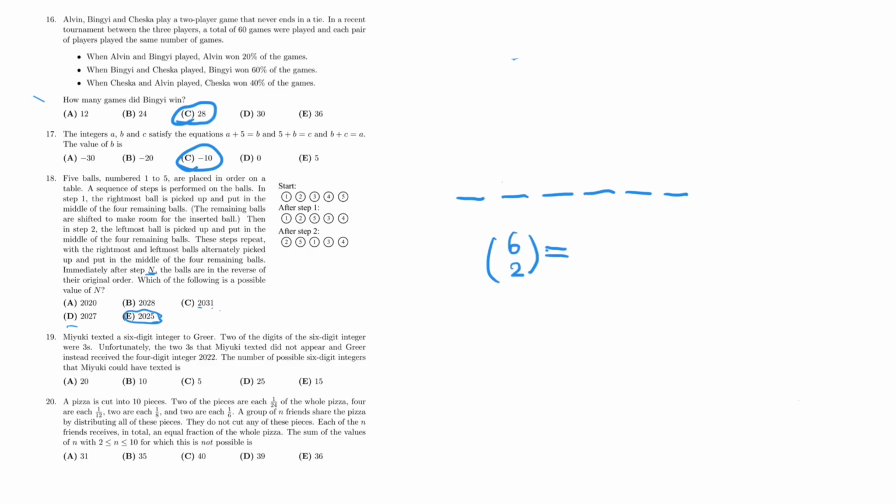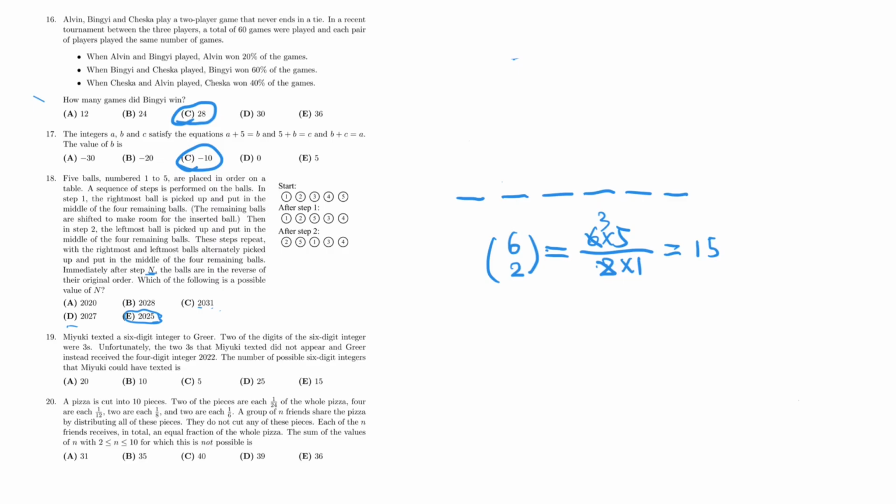So that's equal to 6 times 5 over 2 factorial. 2 factorial is 2 times 1. Cancel 2, that's 3, which is 15.